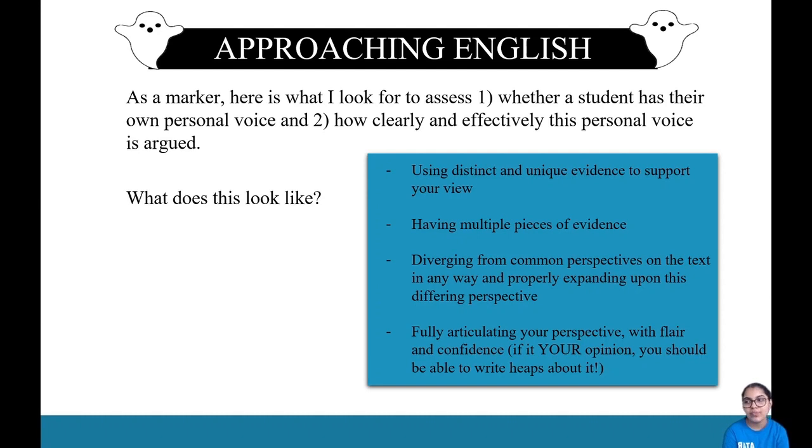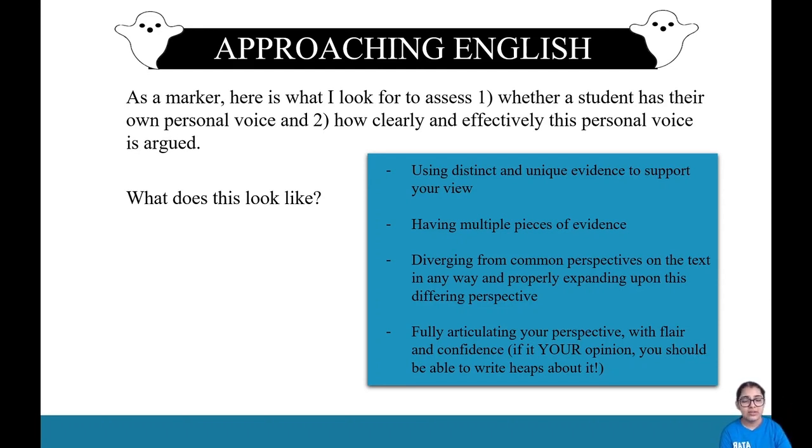That's really important. And this always shows in the why part of an argument, right? So a normal argument without a personal voice might be something like, this is what it is, this is how it's done, and that's it. What it is, so the idea, and how it's done, the analysis.